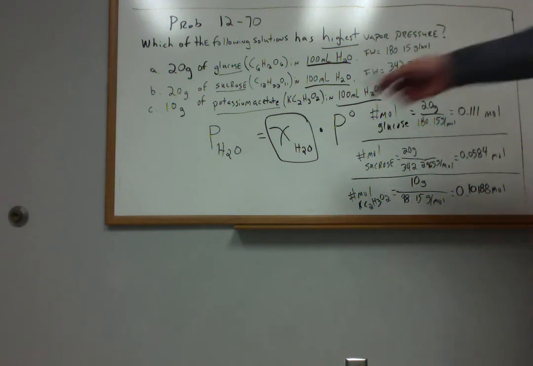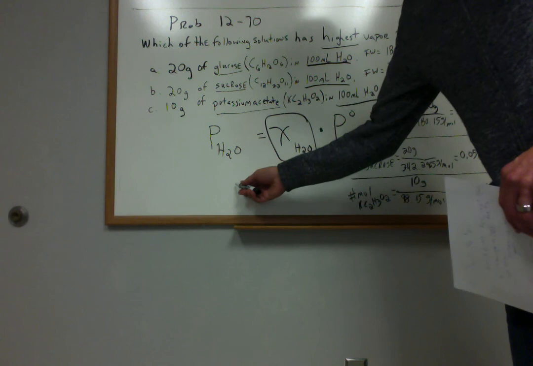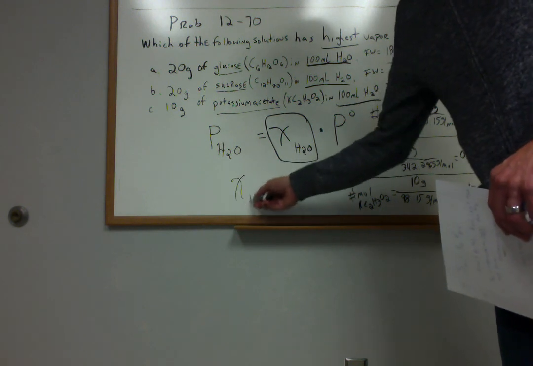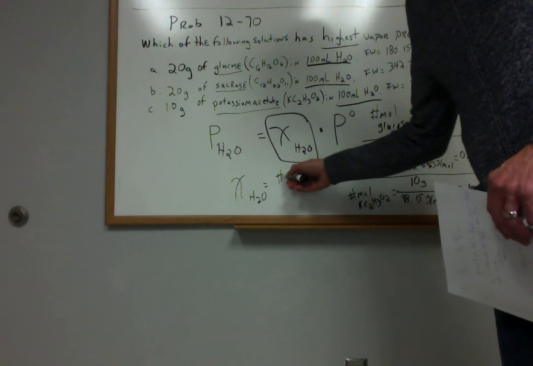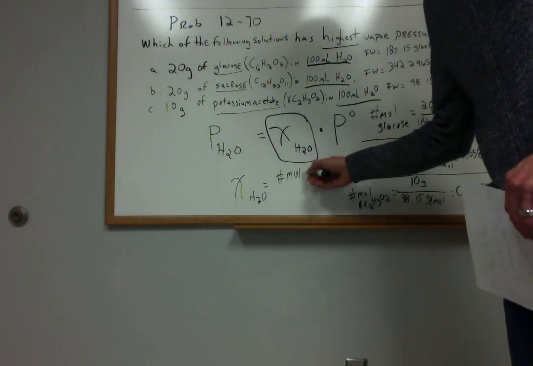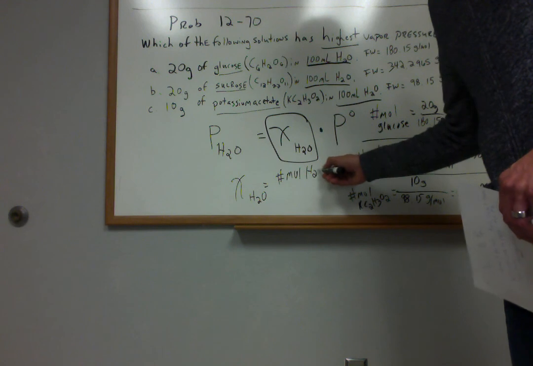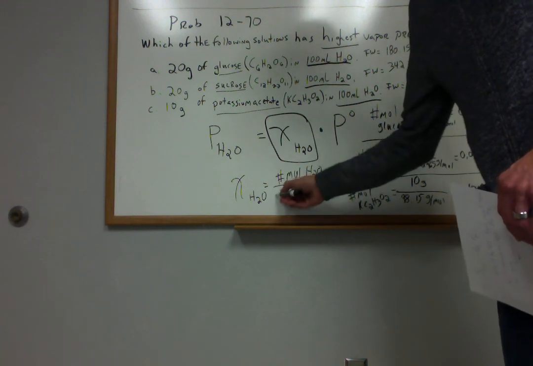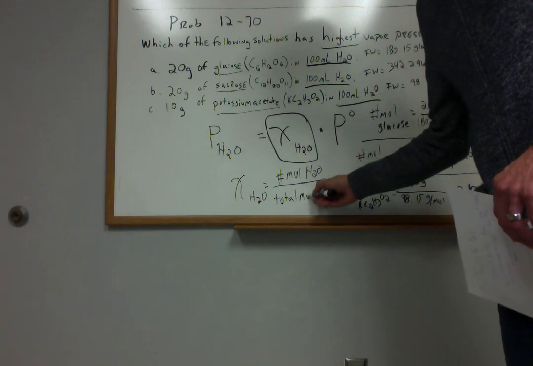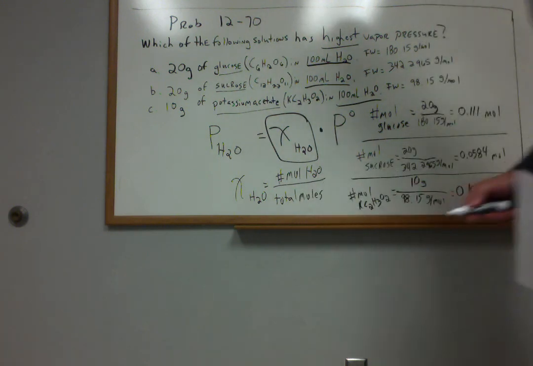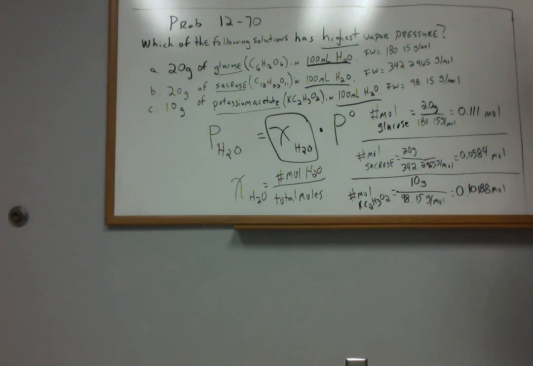So if I think about my mole fraction calculation to figure out what my mole fraction of water is, I would do number of moles of water divided by my total number of moles of everything. The total number of moles of all components in my mixture. Okay?